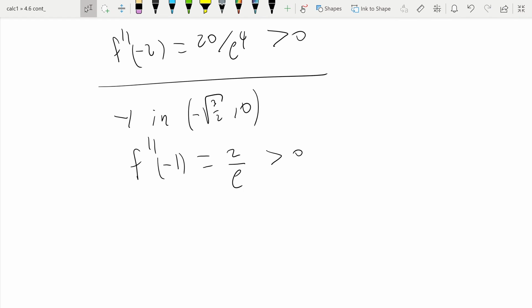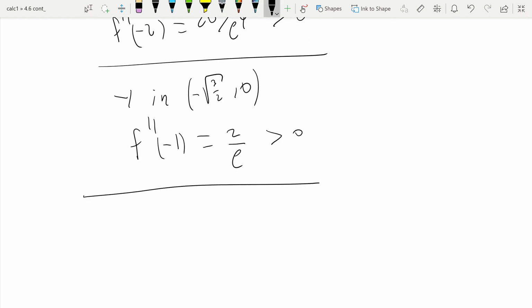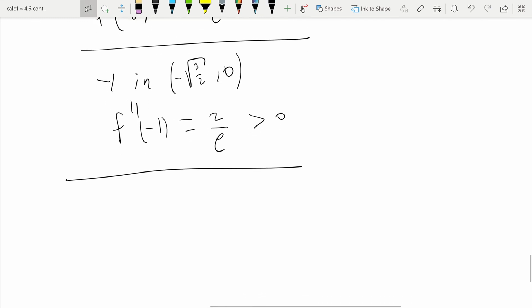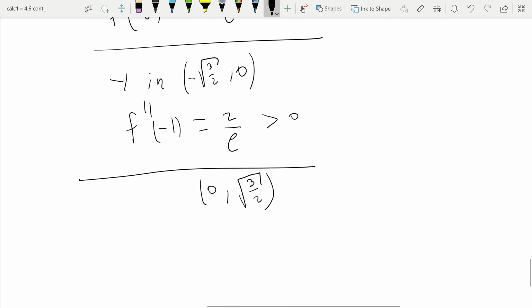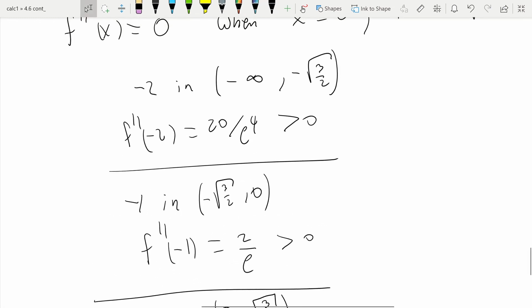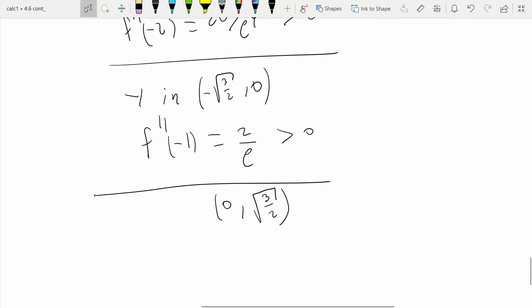Now we have the next interval, which goes from 0 to square root of 3 over 2. And if minus 1 is in the interval minus square root 3 over 2 and 0, then 1 is certainly in here.